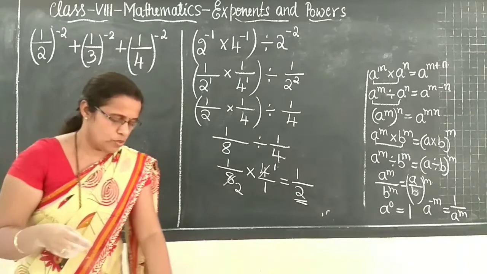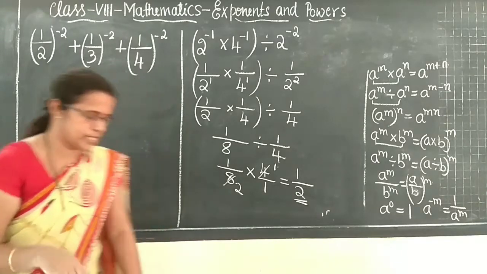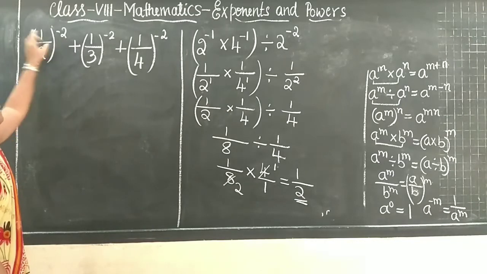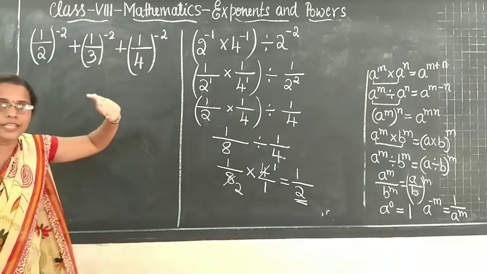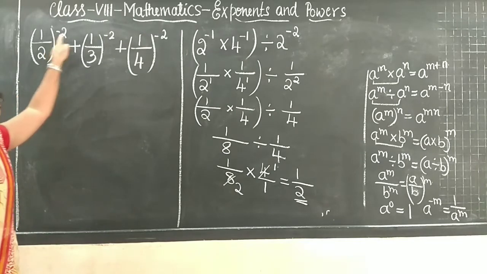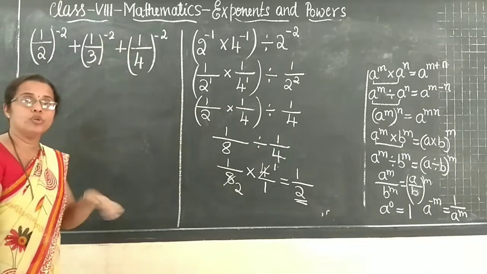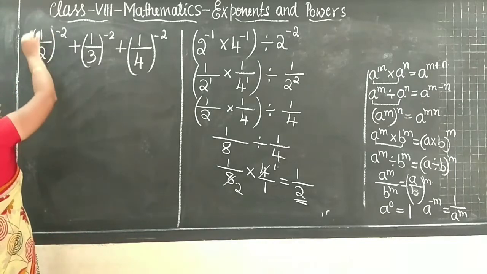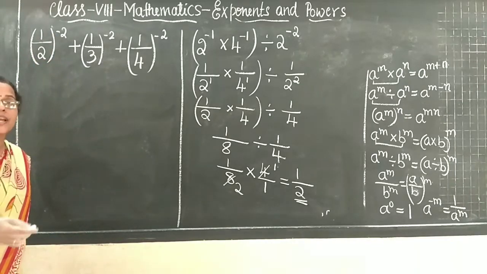Okay. So now what you have to do, how to do this, see here. Everybody see here, the base is like this, right? But the powers are all negative. Negative power there means how to make it positive? If it is in a fraction, then bringing it positive is very easy, children.